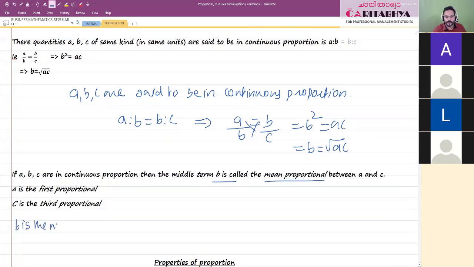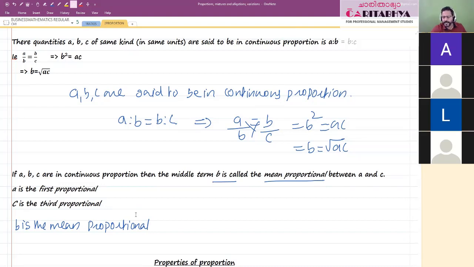When you see mean proportional or third proportional in a question, remember it will be a continuous proportion question. B is the mean proportional, A is the first proportional, and C is the third proportional.